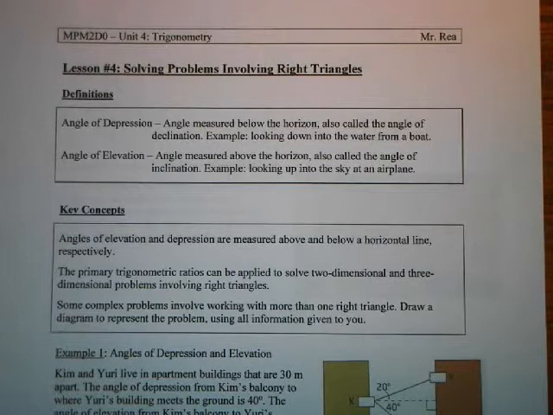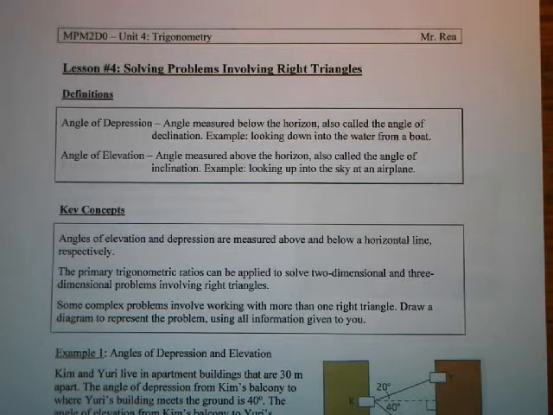If you remember, in the most recent two lessons, we learned about trigonometric ratios, where you're looking at a right triangle and the ratios of two of the three sides, whether that's opposite, adjacent, or hypotenuse.